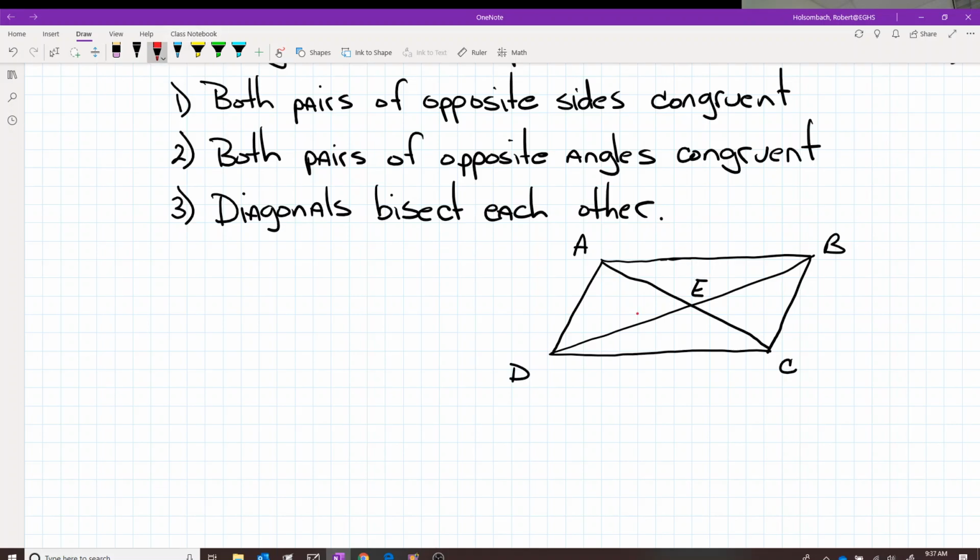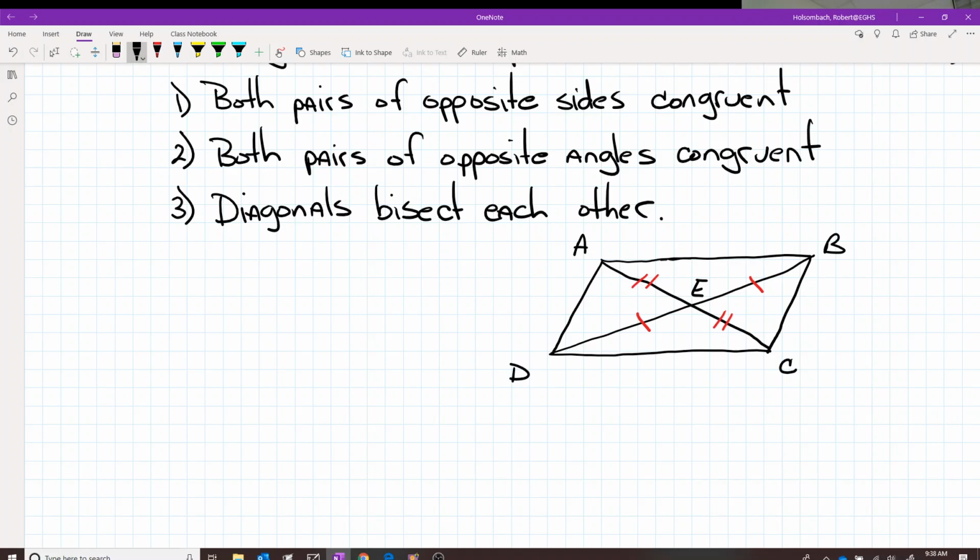So if DE is congruent to EB and AE is congruent to EC, then the diagonals bisect each other. They split each other in half. And when the diagonals of a quadrilateral bisect each other, then the quadrilateral is a parallelogram.